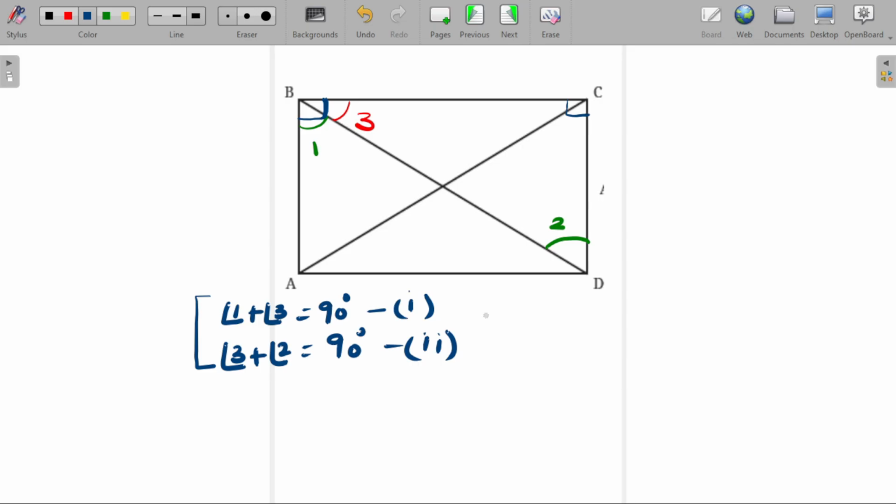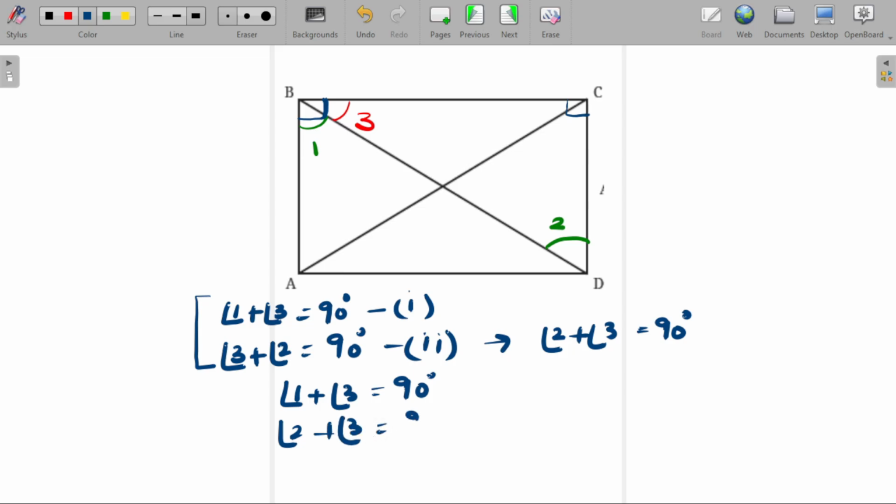See, first, can I write this second part as angle 2 plus angle 3 equals to 90 degree? There's no change. So just subtract them, left hand side from the left hand side, right hand side from the right hand side. By subtracting them, we'll get angle 1 minus angle 2 is equal to 0.